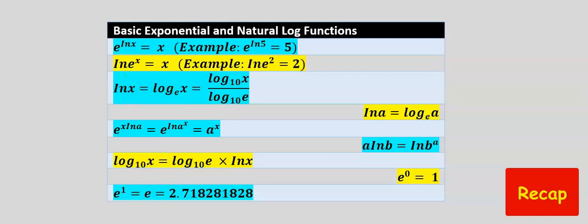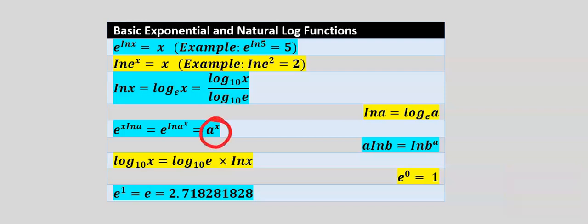Also recall that an integer to the power of x is the same as exponential multiplied by natural log of that integer to the power of x. You can bring this x to the front of the natural log and you end up having this.